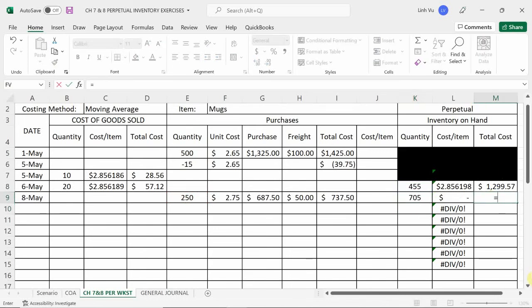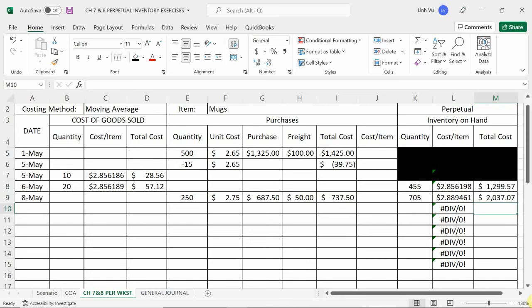I need to add my $1,299.57 plus an additional $737.50. So that's going to give me $2,037.07.